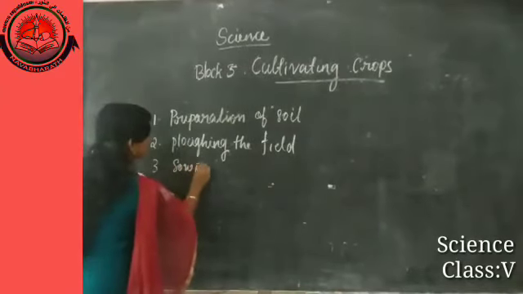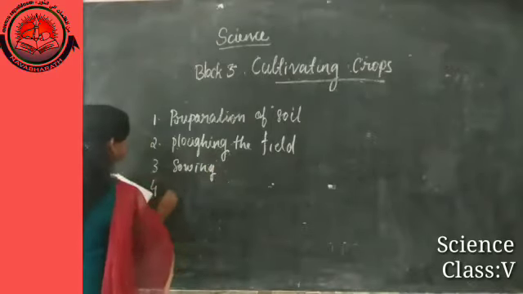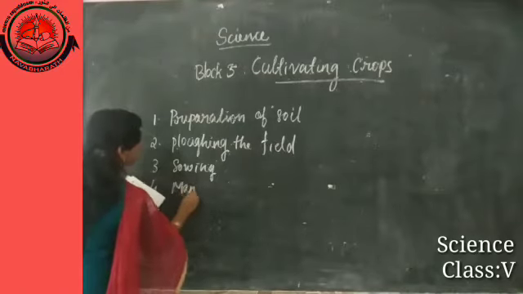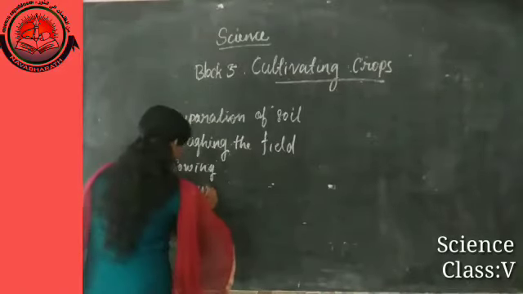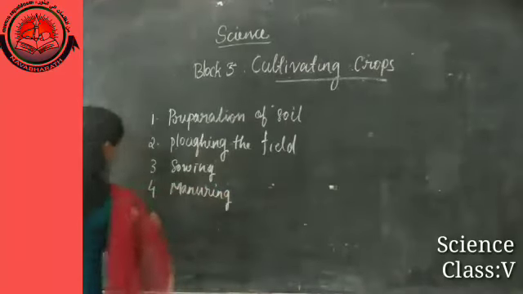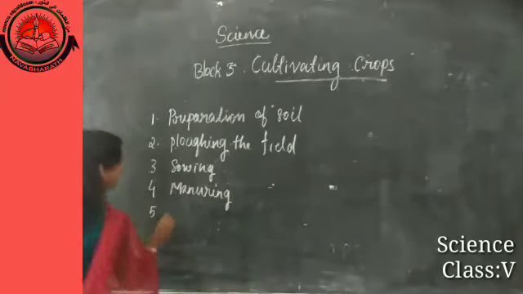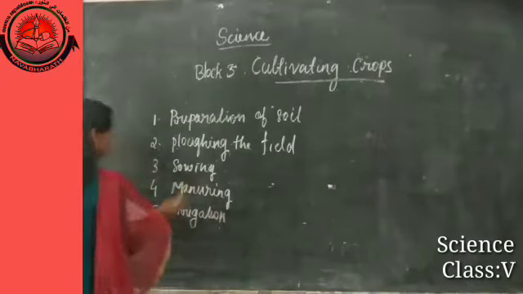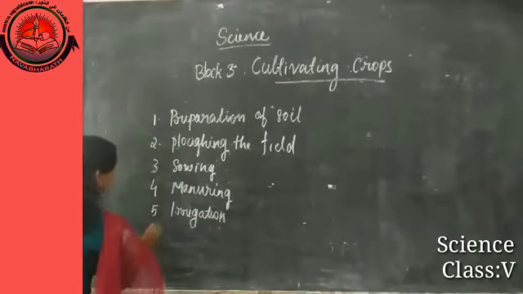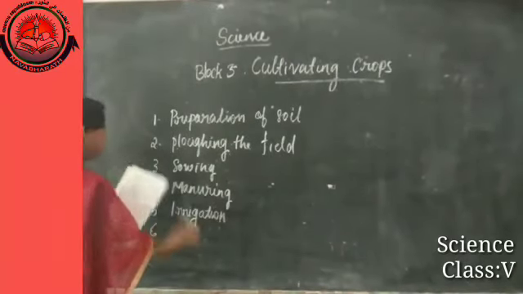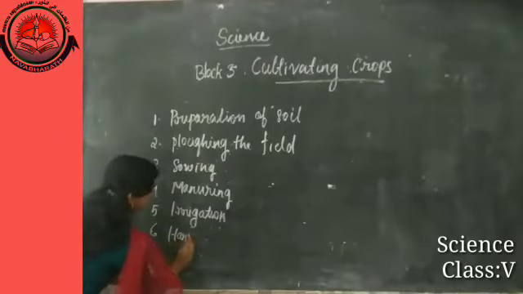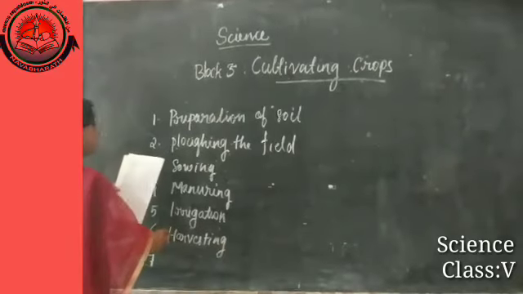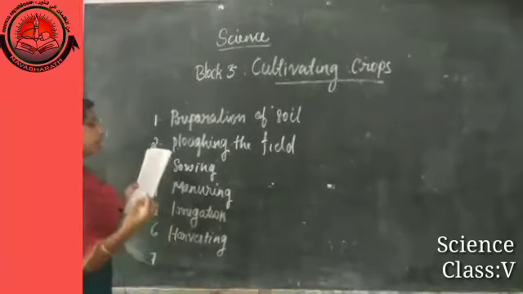Third one is sowing, fourth one is manuring, fifth one is irrigation, sixth one is harvesting, and seventh is sending the crops to the sugar factory.